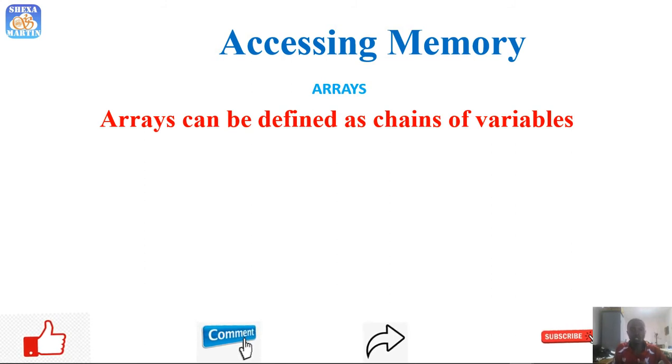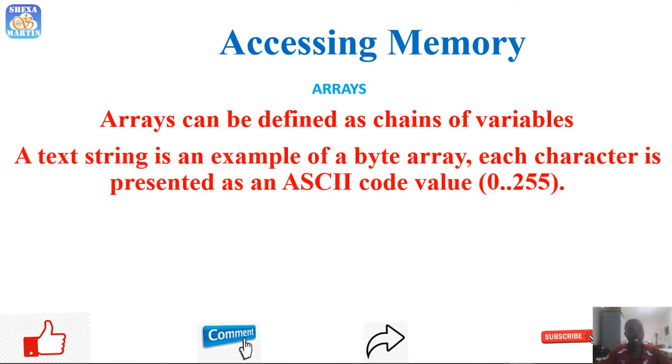So having a series of those characters means we have an array. We can say a text string is an example of a byte array. Each character is represented as an ASCII code value, and the code values range from 0 to 255.